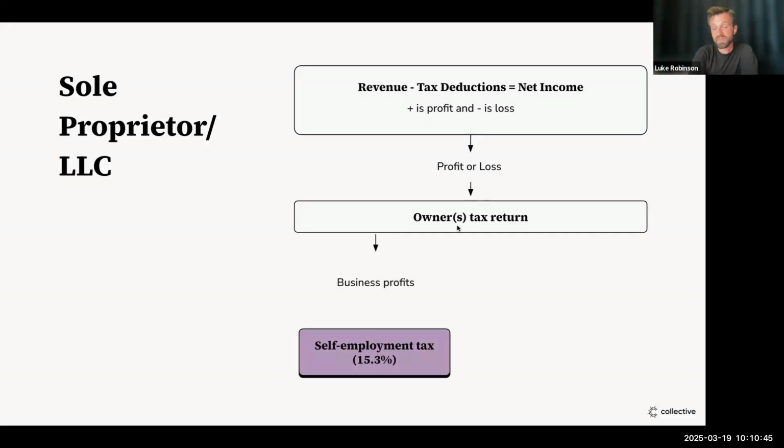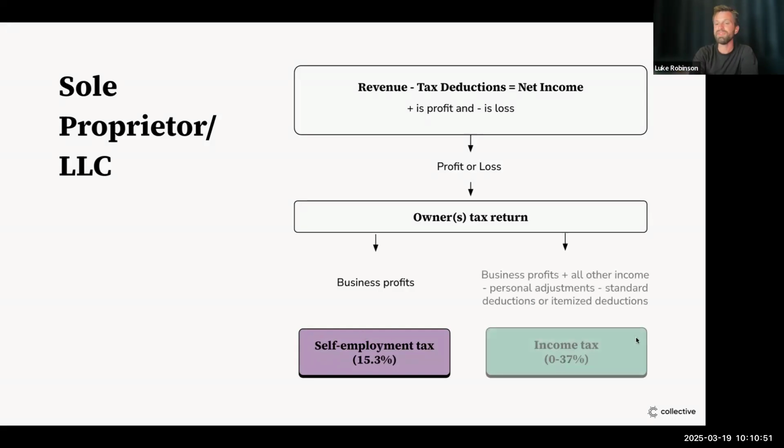And then those profits are subject to both the self-employment tax, like the 15.3%, and the income tax, the marginal tax brackets. So when you're just an LLC structure or sole proprietorship structure, the tax burden is quite substantial and quite heavy.